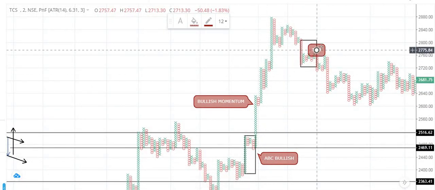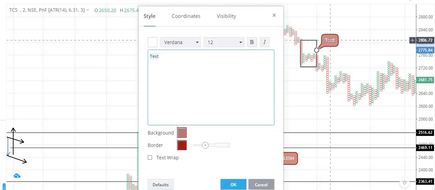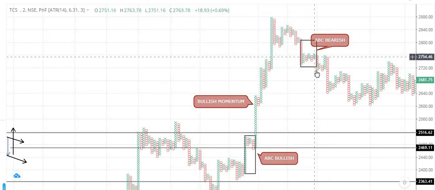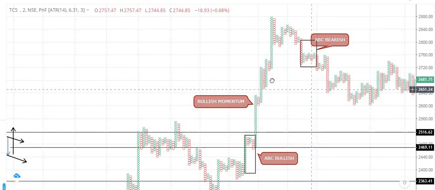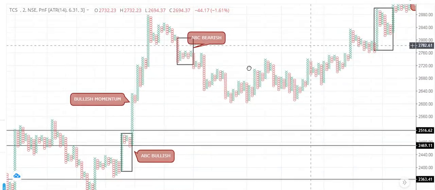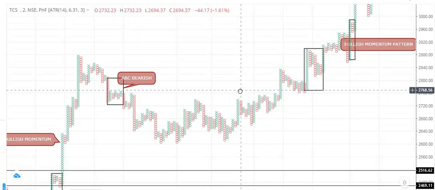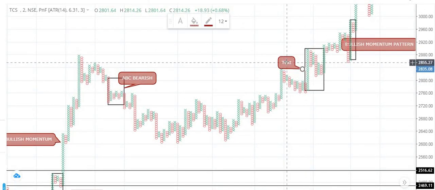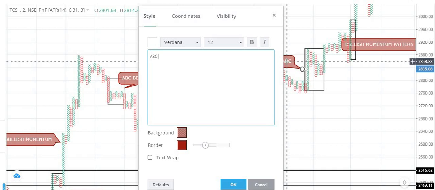Contra to this, ABC bearish, right? A, B is this, C is then breaking. Again, sorry, please watch till end.